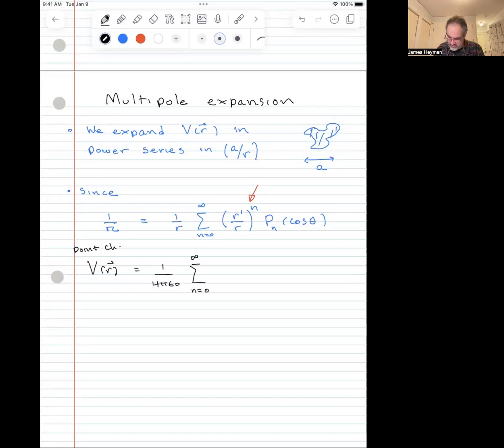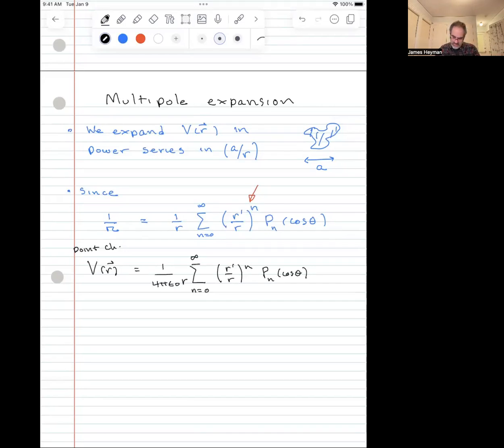We had a term 1 over r that goes outside of the sum. And then we had all of this, r prime over r to the n, P sub n times cosine theta, where these terms, P sub n, represent the nth order Legendre polynomials. Looks awfully complicated, right? But it's not so bad.